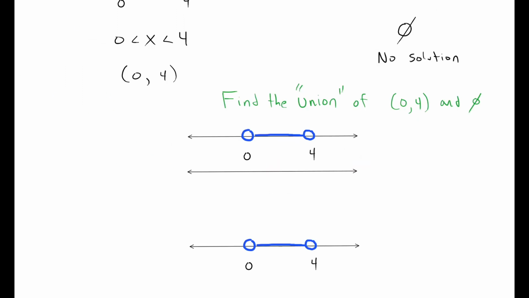When you find the union, you just merge the two together into one final result. Basically everybody who's on that top line is going to come down and be part of the final result. If this guy had something to contribute to the union, then we would take that point and bring it down and have it be part of the final solution. But we don't have that, of course.